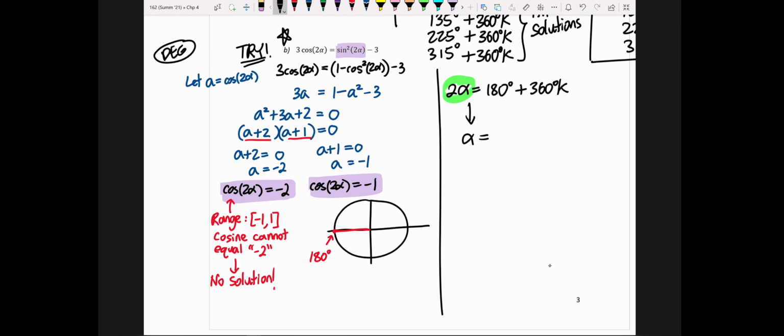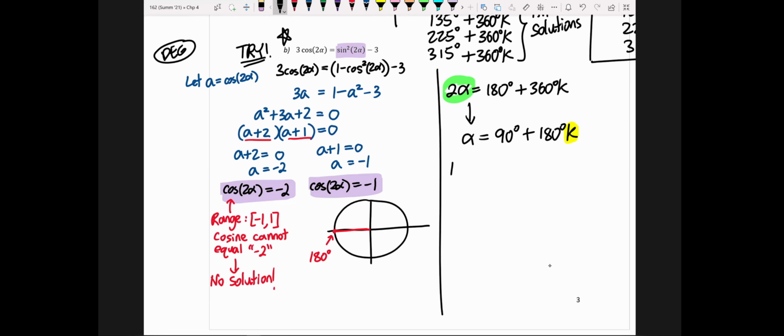And alpha comes out to be 90 degrees plus 180 degrees times k. This is an example where if we're not going in the order of solving for the input and then isolating alpha, we may end up missing a solution.